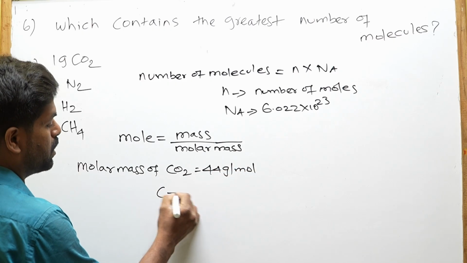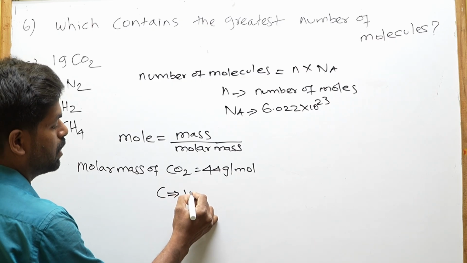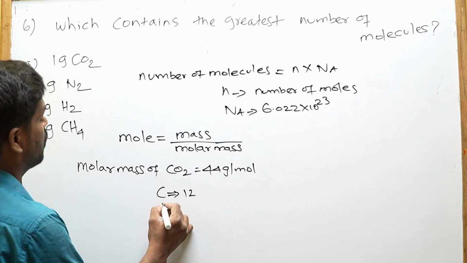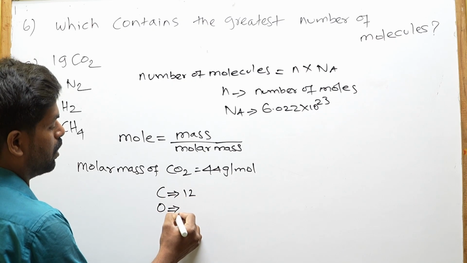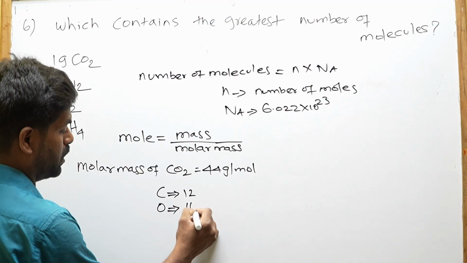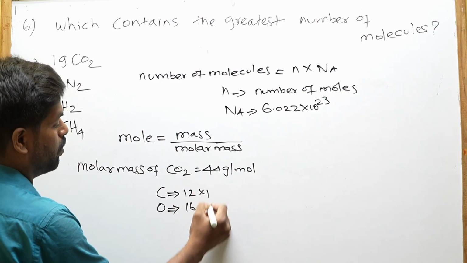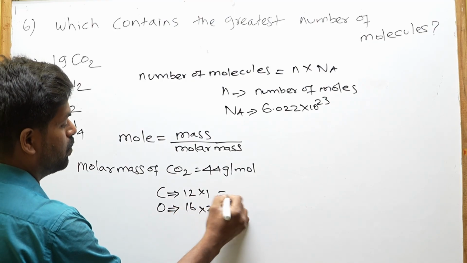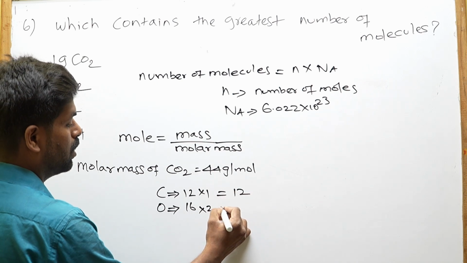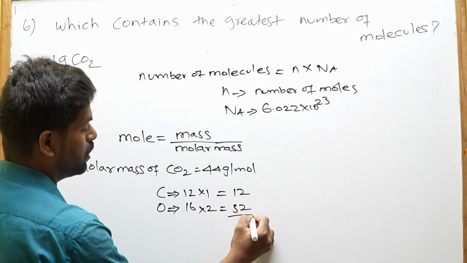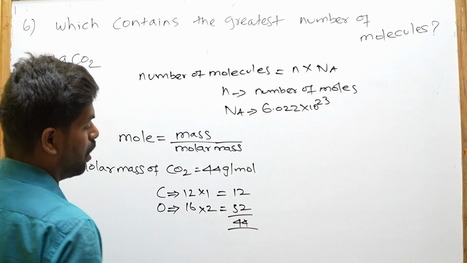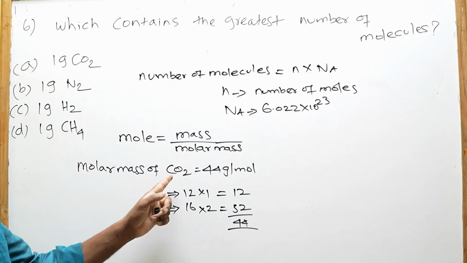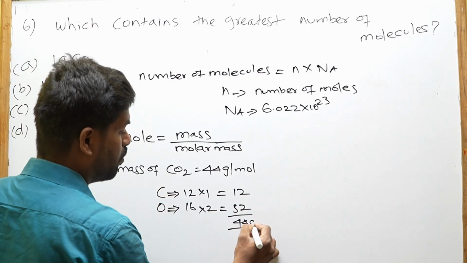For carbon, the atomic mass is 12. For oxygen, the atomic mass is 16. Since we have one carbon and two oxygen, it is 12 plus 32. Therefore, the molar mass of carbon dioxide is 44 gram per mole.